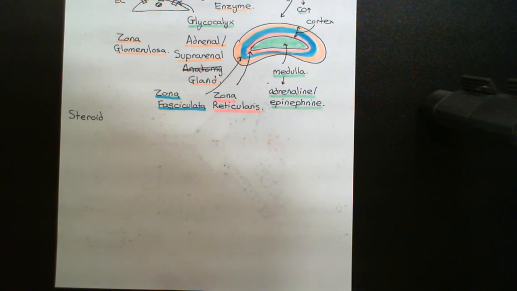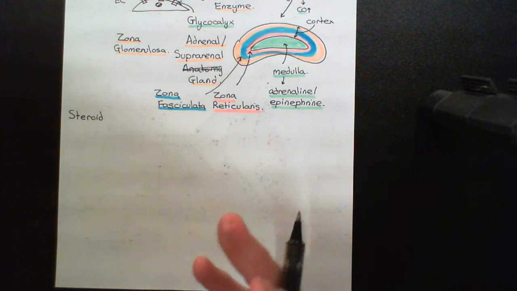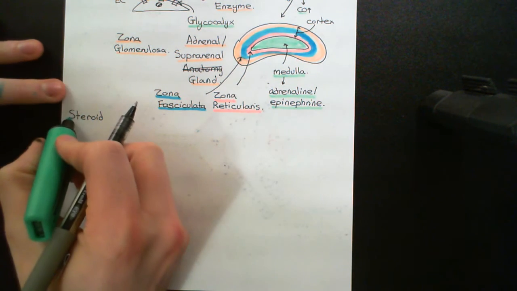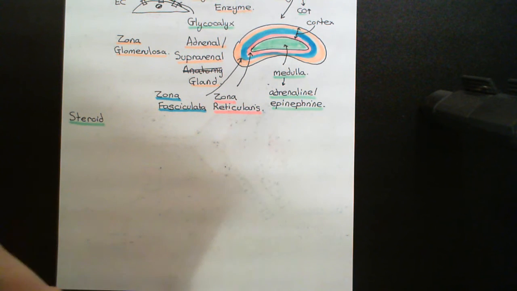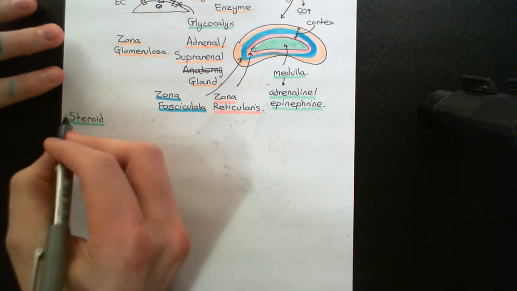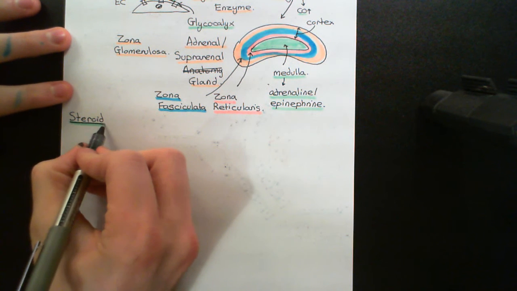I would not have thought its definition was just a chemical structure, but in fact steroid molecules are defined based on their chemical structure. So you decide whether a molecule can have the term steroid applied to it based on its chemical structure.